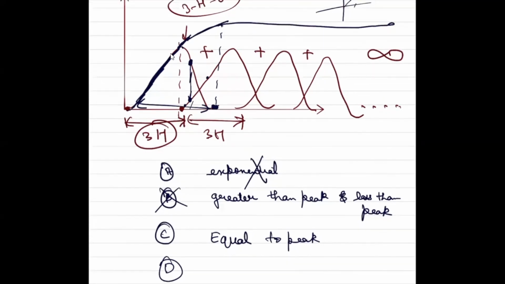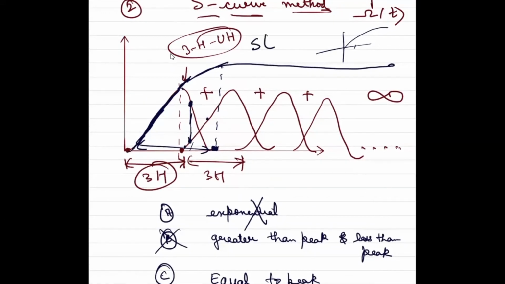Right? So all you are saying is that S_t, the ordinate of the S curve at any time t, is nothing but the ordinate of the S curve lagged by the duration of precipitation plus the new unit hydrograph that you are adding.